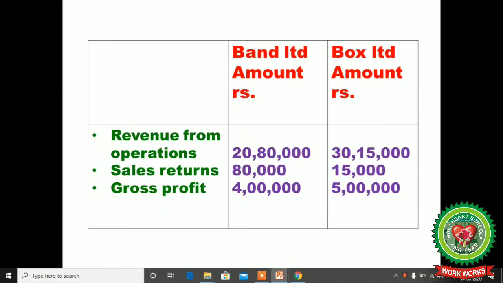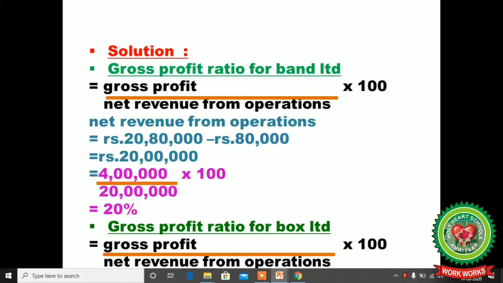So see, compare it. This company's gross profit is more and Band company's profit is less, but still the gross profit ratio of Band Limited is more. The reason is only that this company put in the efforts in the right way.